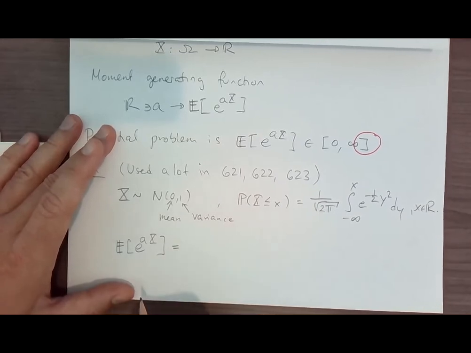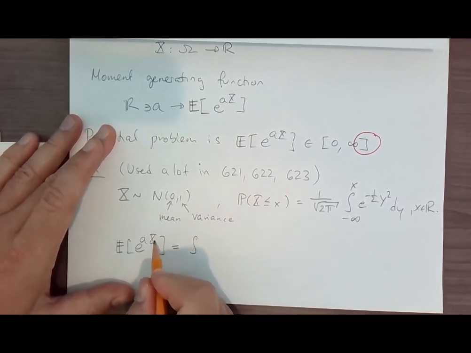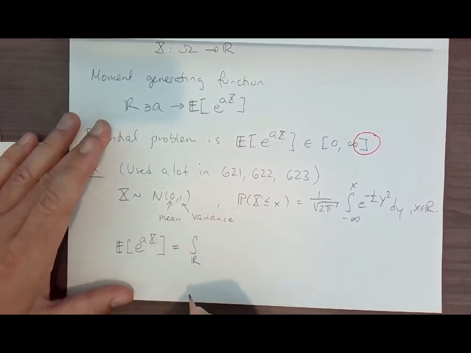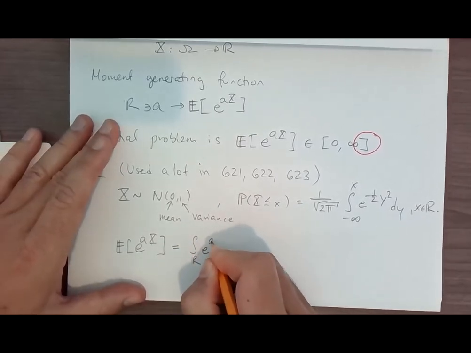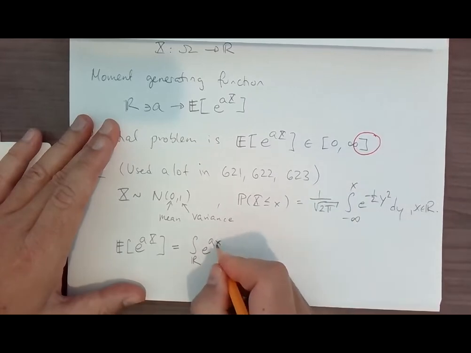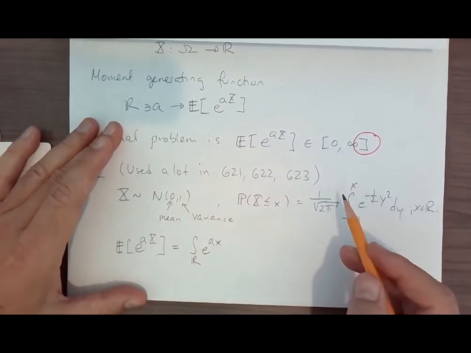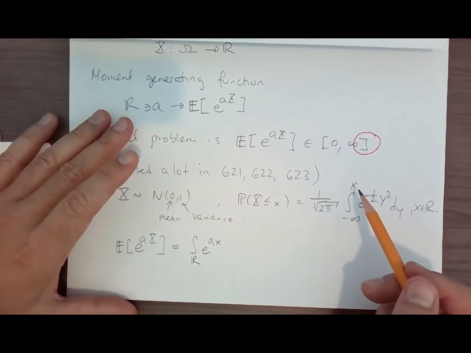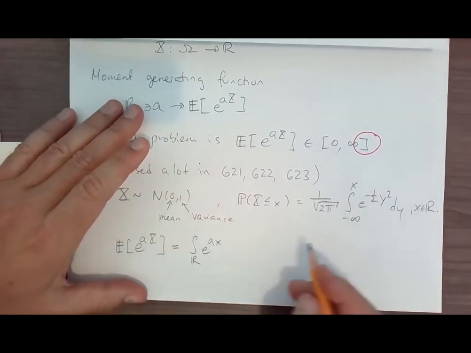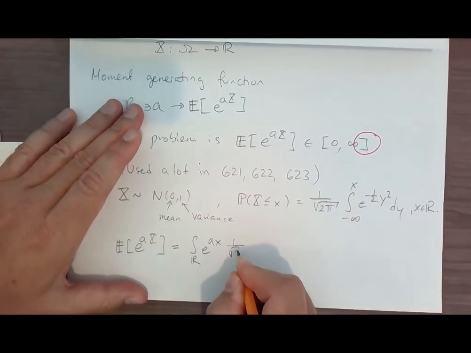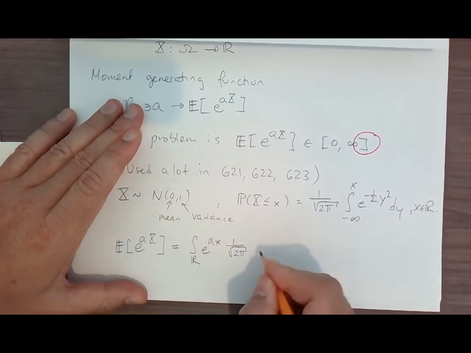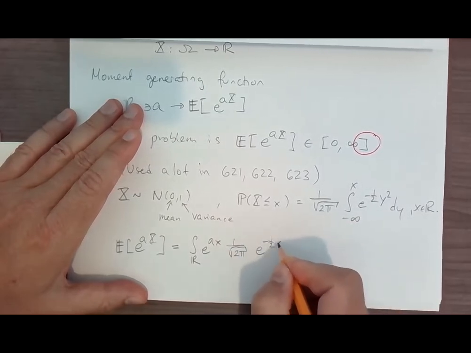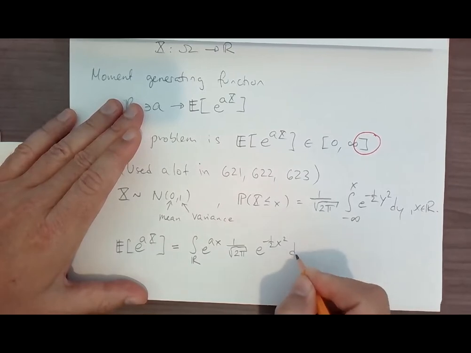So I can write this as an integral over possible values of the random variable, in R, of e to the a x, and then plug in the derivative of the distribution, which gives me the density: 1 over root 2 pi e to the minus 1/2 x squared dx.